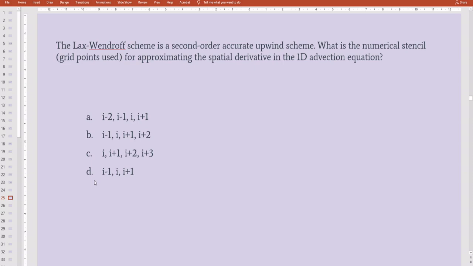It's about the numerical stencil, meaning which point terms we need to discretize some particular term. You can inbox your answers.